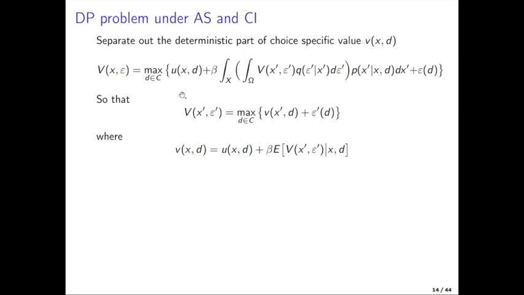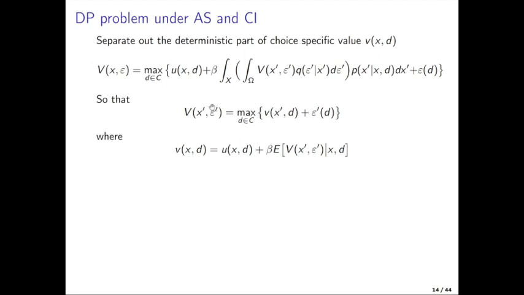Okay, so really what we have is that we can write the value function in the following way, as the max over all the decisions of this choice-specific value function, the deterministic part of the choice-specific value, and then the choice-specific shock. This simplifies the model greatly, and it also makes it easier to take expectations and so on.